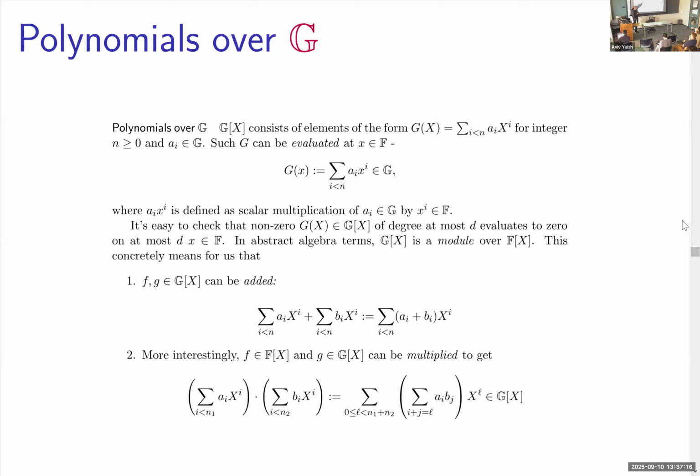If we substitute the variable x by x in the field, A_i x^i is well defined because it's scalar multiplication between the scalar x^i and the group element A_i. Therefore, this sum is defined. Remember that our field and group are of the same size, so that x in the field exactly fits as a scalar.